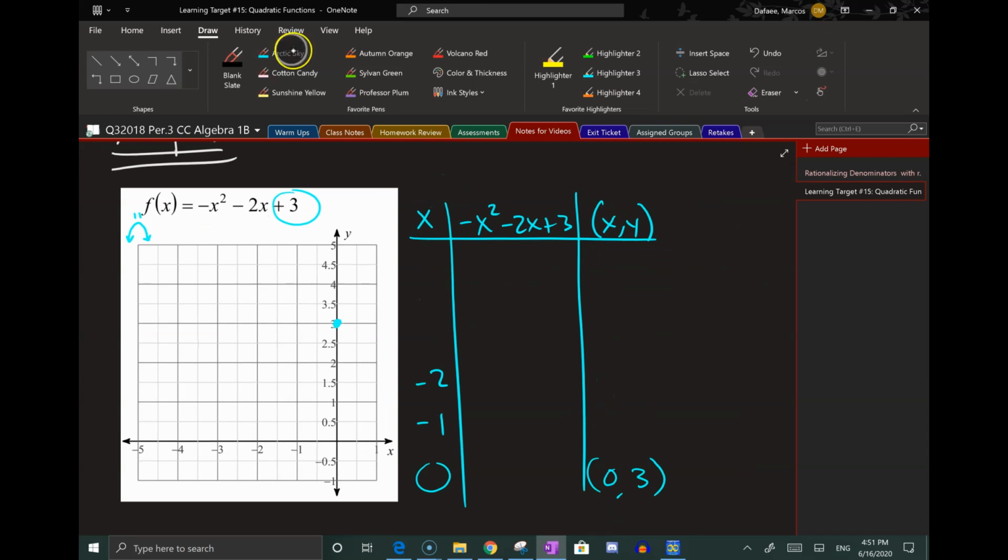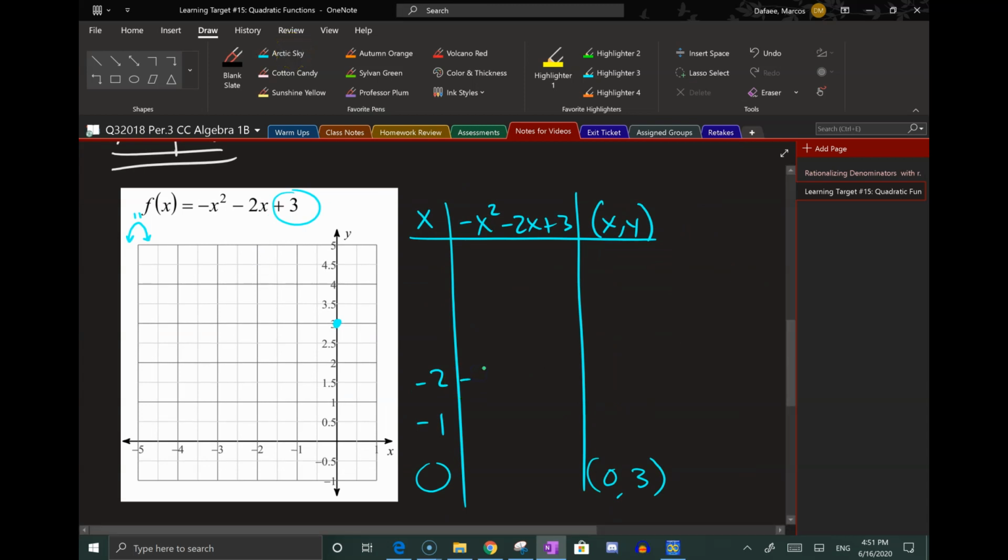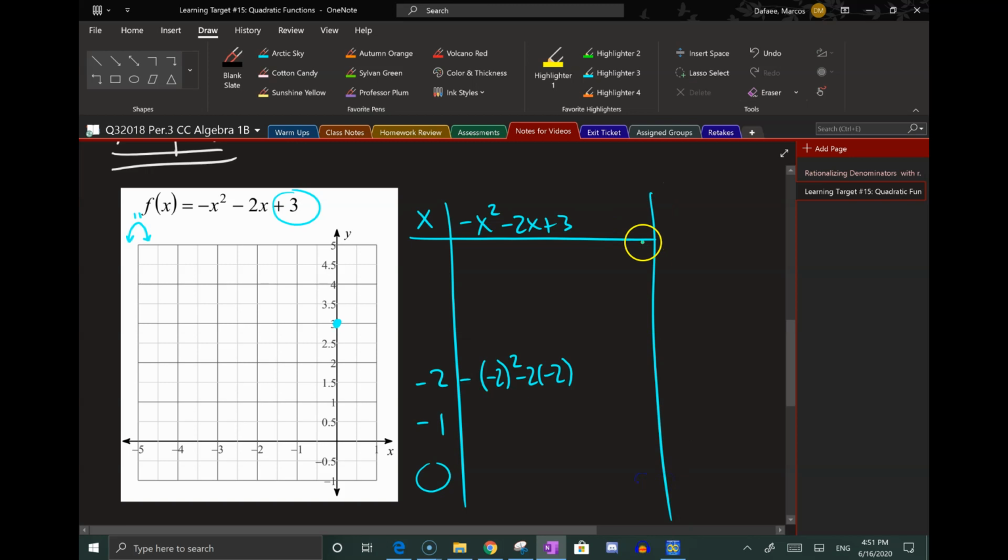So here we go. It's going to be negative, then negative 2 squared, then minus 2 times negative 2. And I'm really running out of space here, so let's rewrite this a little bit. That's better. Much better. 0, 3. And then plus 3.